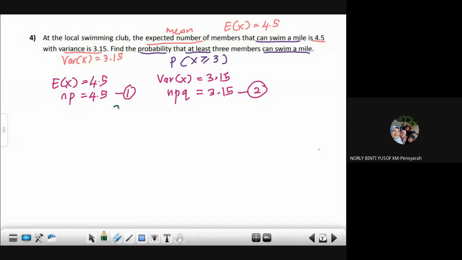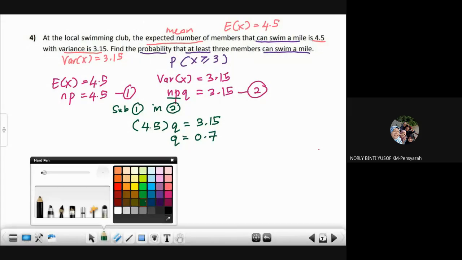So masuklah sub 1 in 2. So masukkan ni dekat sini. So akan jadi 4.5 times Q equals to 3.15. So Q, divide 3.15 divide by 4.5, you akan dapat 0.7. So non-success you 0.7.